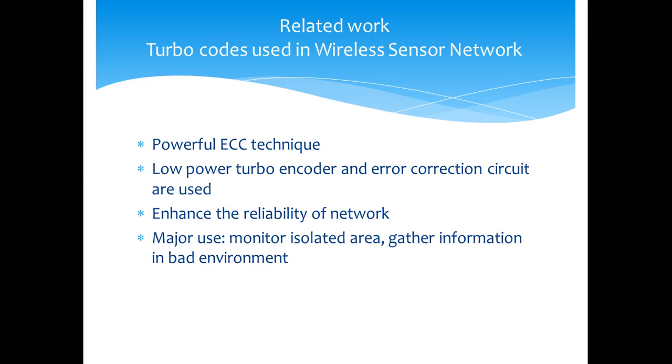This method enhances the reliability of network communication, and it is mostly used to monitor isolated and remote areas and gather information about unexpected phenomena, like around a volcano or enemy movement.